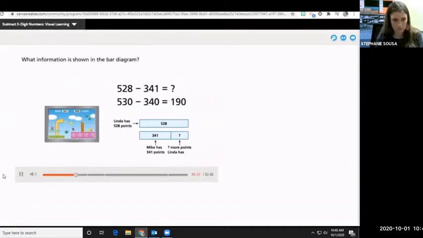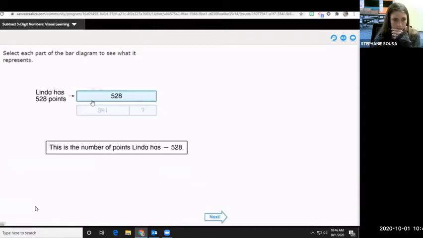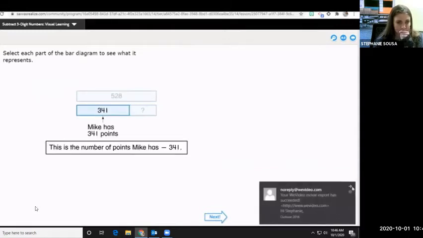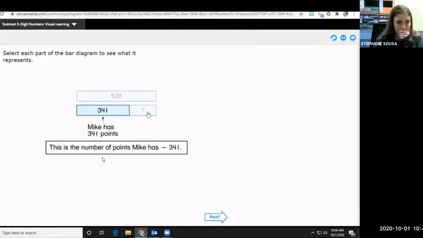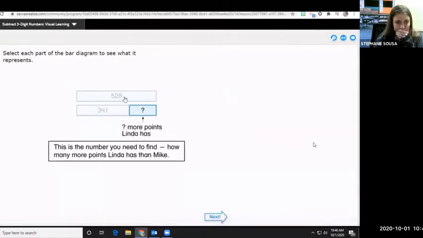What information is shown in the bar diagram? This is the number of points Linda has, 528. This is the number of points Mike has, 341. This is the number you need to find. How many more points does Linda have than Mike?